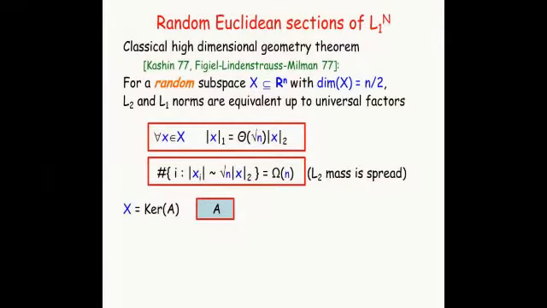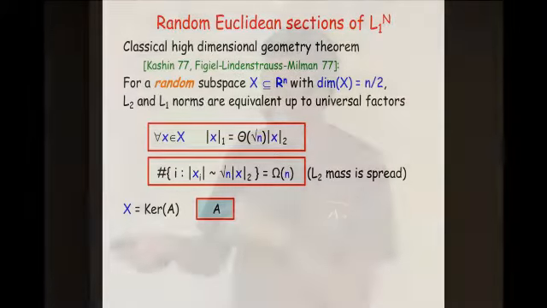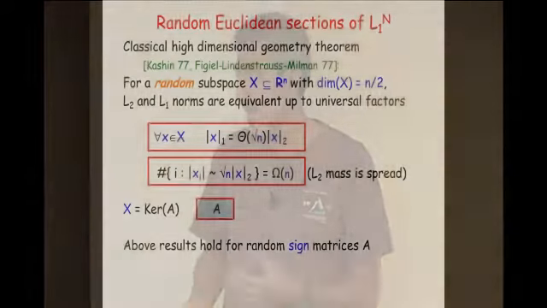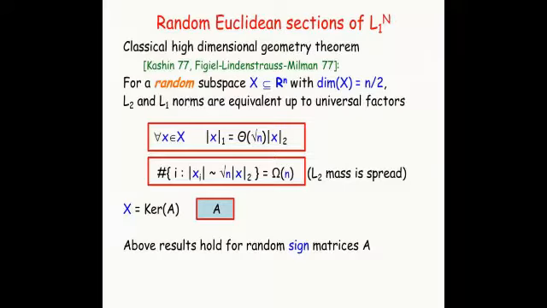That's a result in geometry. It's a statement about a random subspace. You may wonder how to represent a random subspace. You can represent it as the kernel of an n over 2 by n matrix, and it turns out that this result applies even if the numbers in this matrix are just plus minus 1.